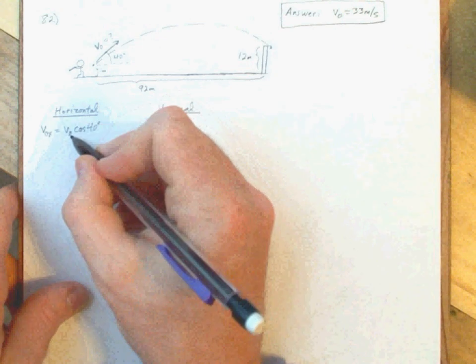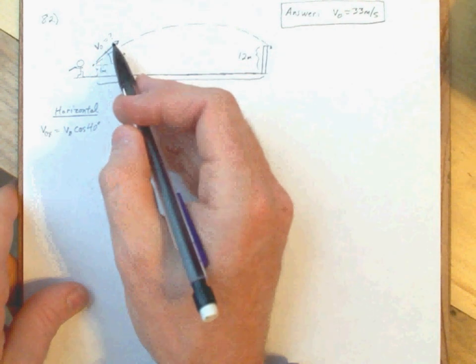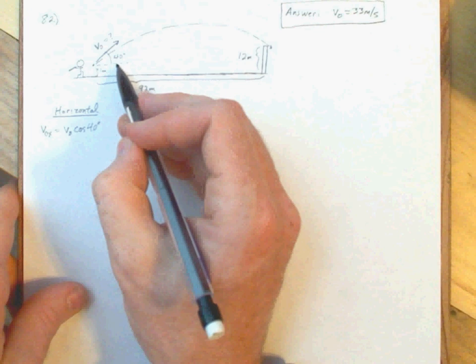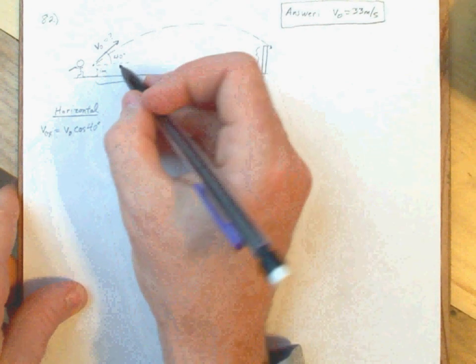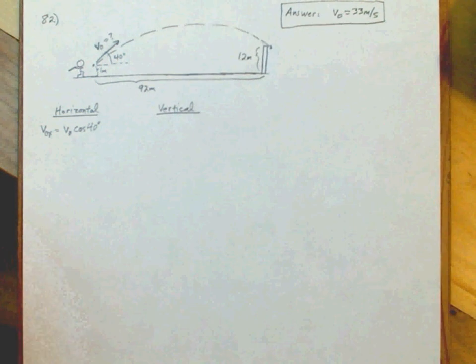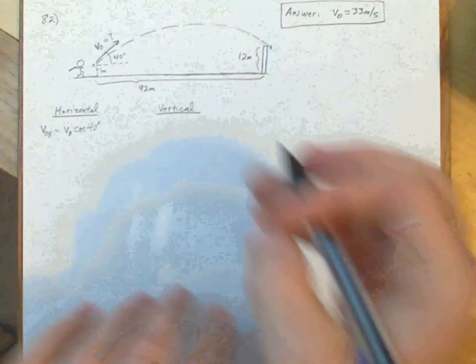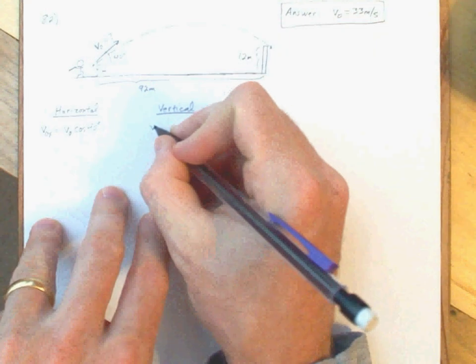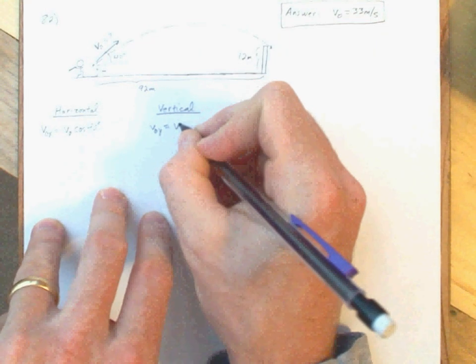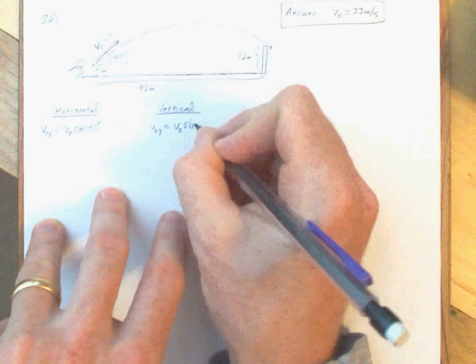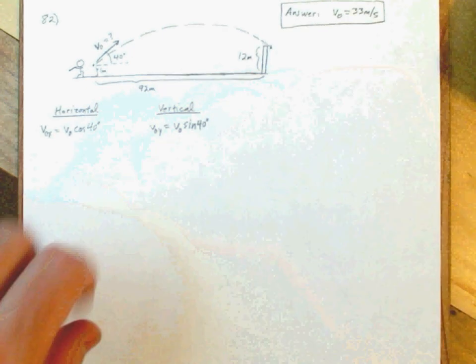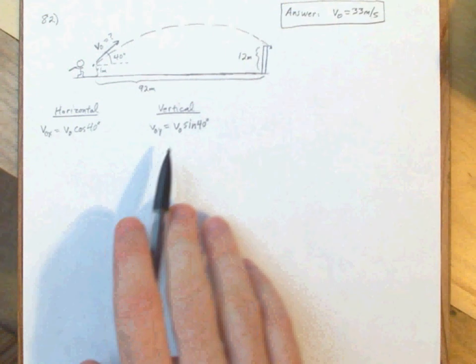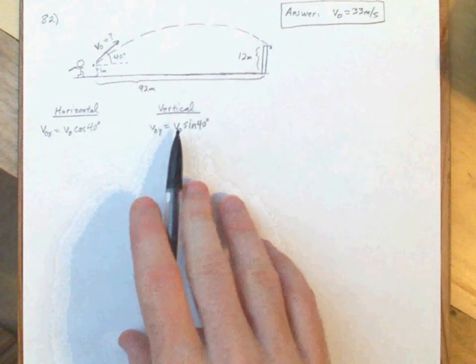Okay, so this V0 is the whole magnitude of the vector, V0x the horizontal component, which I have not drawn in, but I think we've done enough of these to see that. Vertically, the original y velocity is the whole V0 times the sine of 40 degrees. Again, we don't know what that V0 is, but we're going to find it.